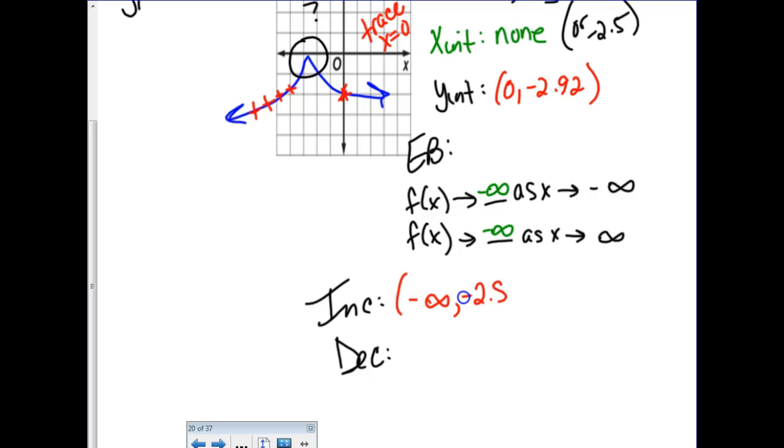Negative 2.5, good. And then it's decreasing from negative 2.5 to forever. Very good. Remember, increasing and decreasing intervals, those are domain intervals. They're asking when is your function showing a certain behavior. So it's x values. We get them all? Oh! Yes, we did. Okay.